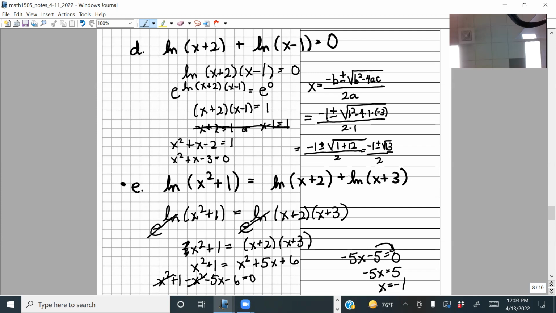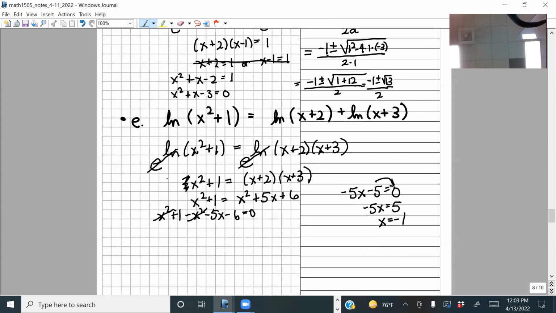So if we had plugged the minus 1 in here, if we were checking the solution, and we ended up with natural log of a negative number, we would have to toss out that solution. That sometimes happens in solving natural log equations. That's called an extraneous solution. This is not an extraneous solution, however. This one is okay. But you may end up with an extraneous solution in your homework.